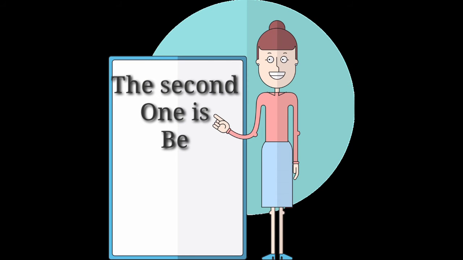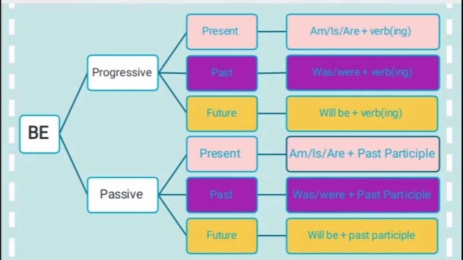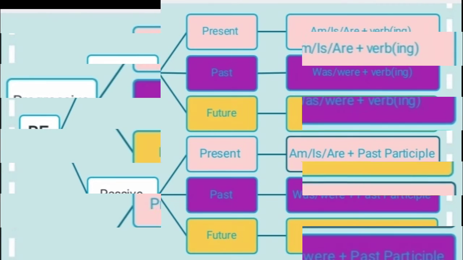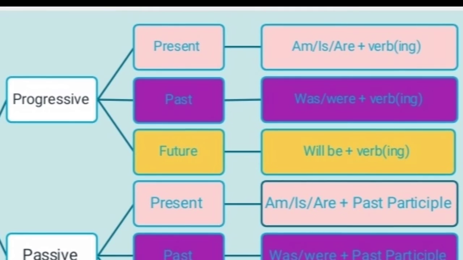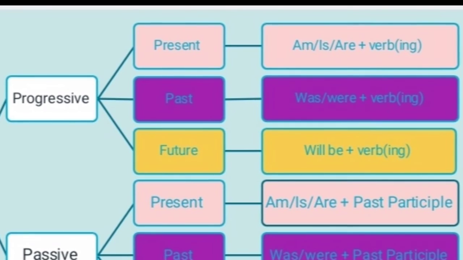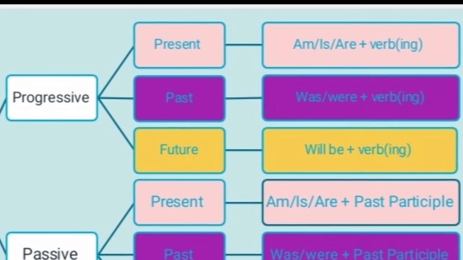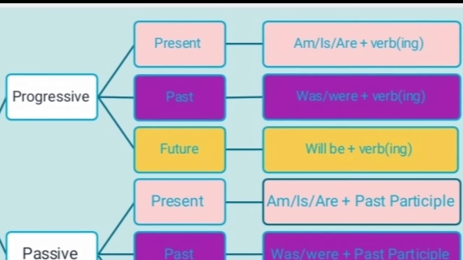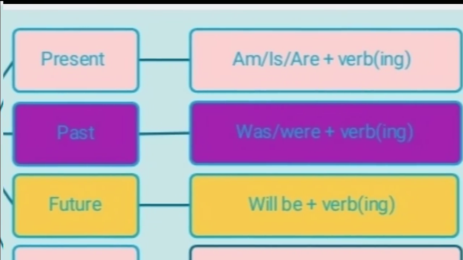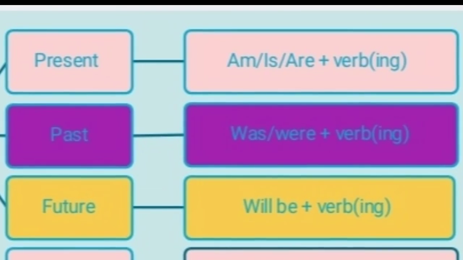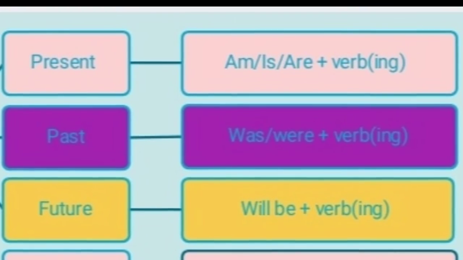The second one is be. It is used in two forms of English grammar, which are progressive and passive. We will go through the progressive first. Progressive shows an action that is still in progress. So, the verb used in this progressive type will end with ing. In present, we will use am, is, or are plus verb ing.